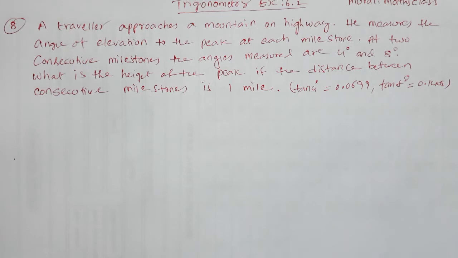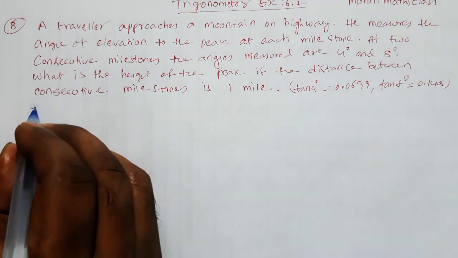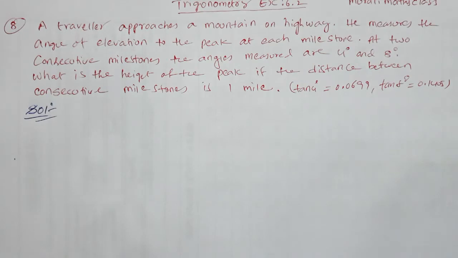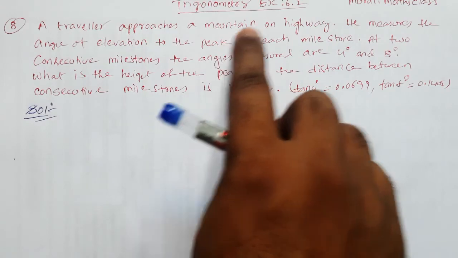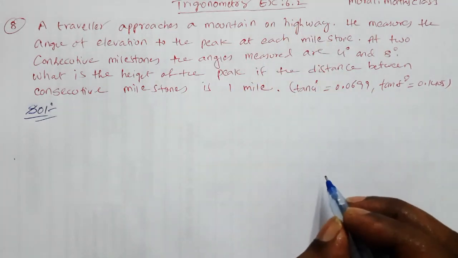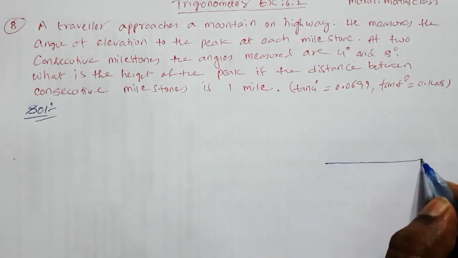First we need to draw the diagram. Read the problem, then draw the diagram. A traveler approaches a mountain on highway. So first we draw the highway.